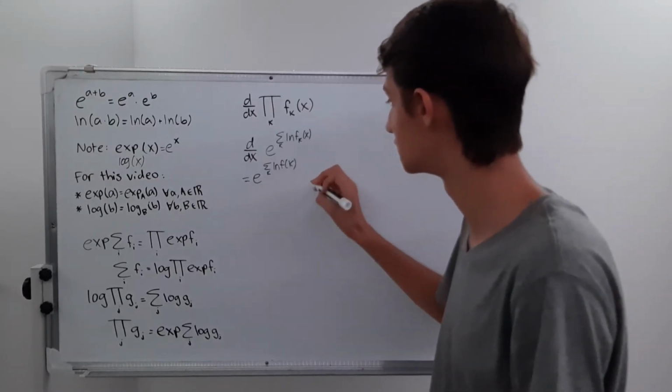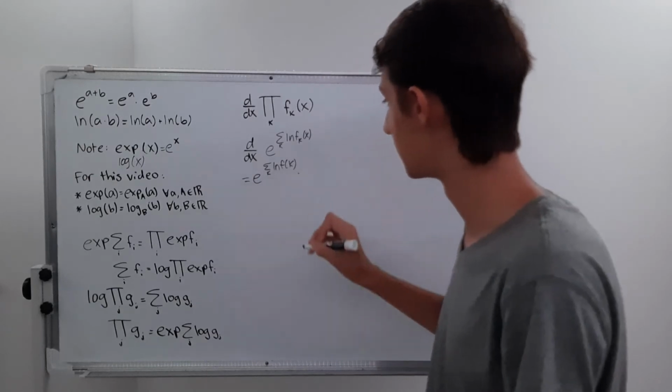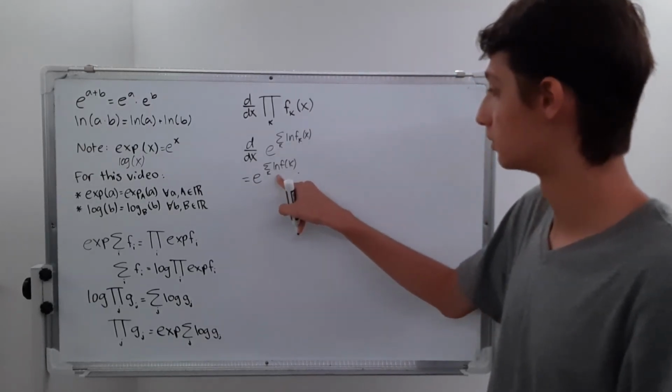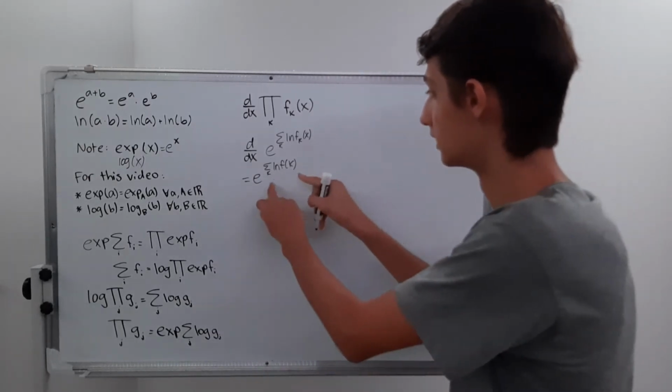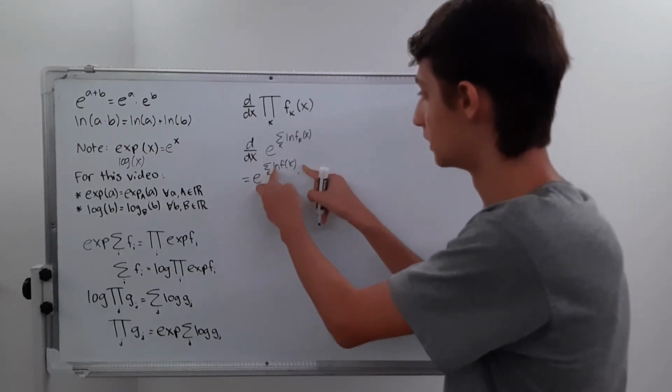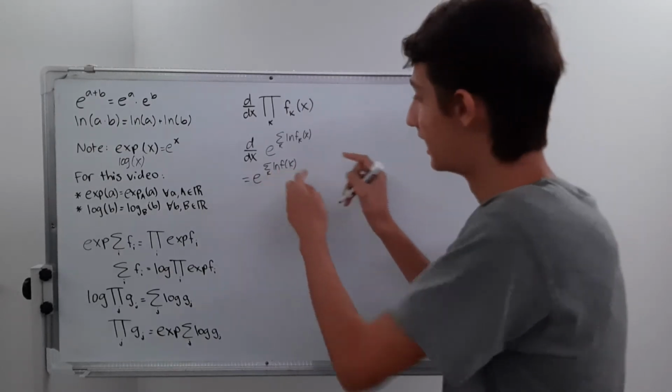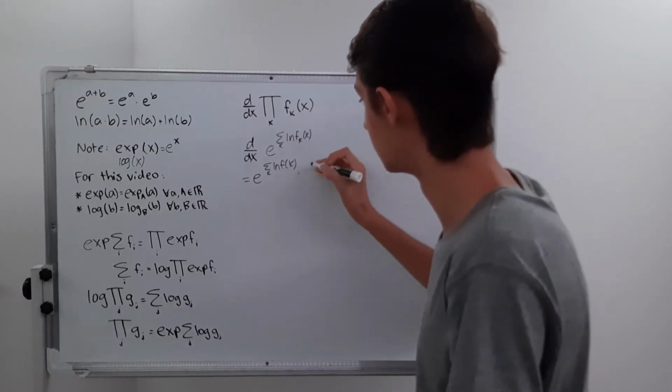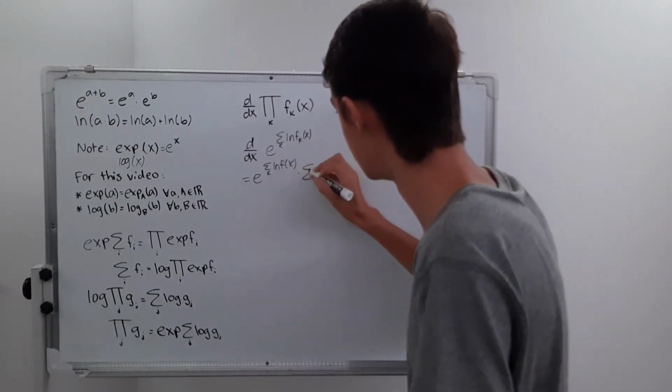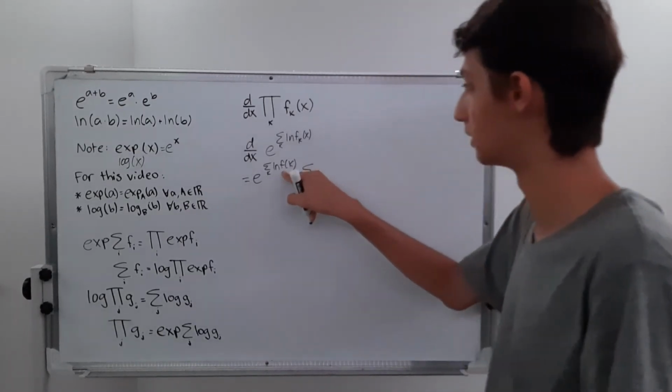So because of the chain rule, we're going to multiply by that. The derivative of the sum is the sum of the derivatives. Basically, we're going to take our sum over k and find the derivative.